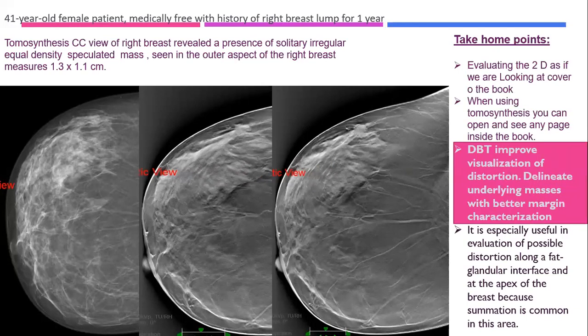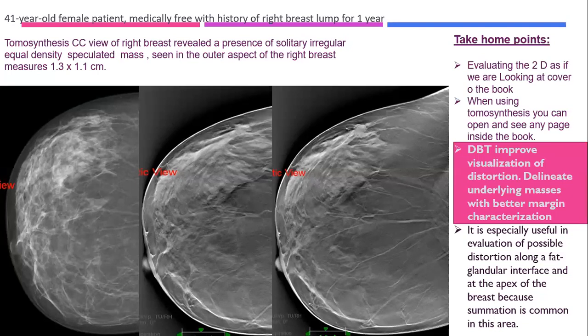Evaluating the 2D is like looking at the cover of a book, but when using tomosynthesis, it is as if we open the book and look inside, page by page.